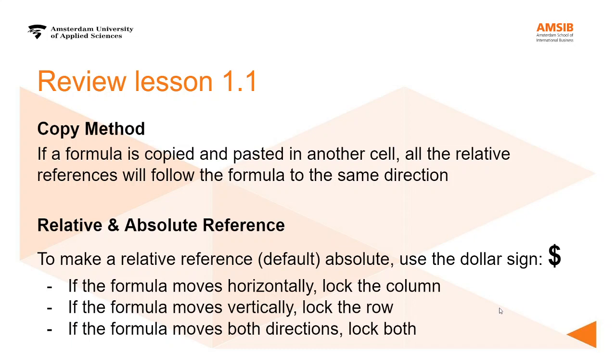So that's in the case that you need a certain cell to stay in the same place. If you don't mind that the cell moves along with the formula, then it's fine. You don't have to use any dollar sign. With the dollar sign, you can use Shift plus 4, or what's easier is to just press F4 on your keyboard.